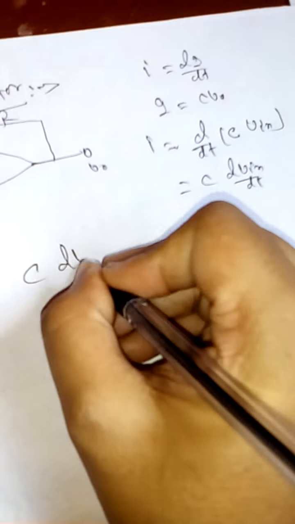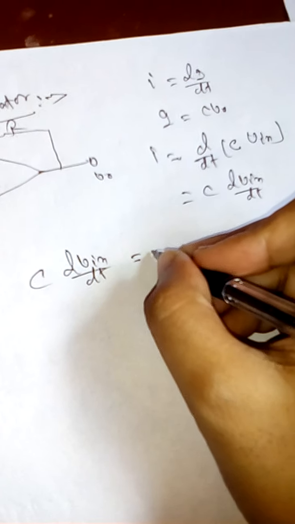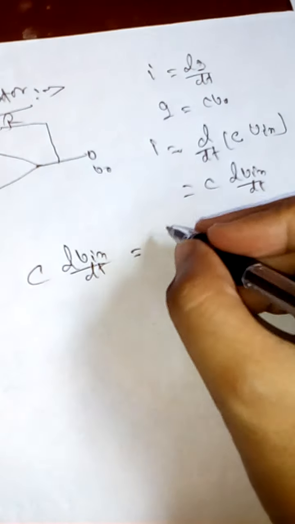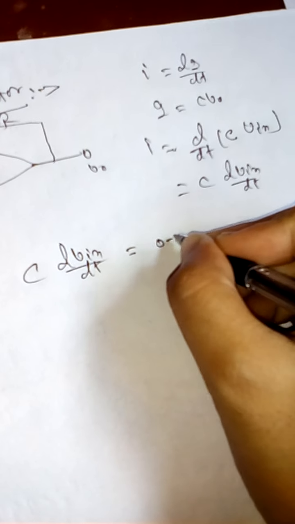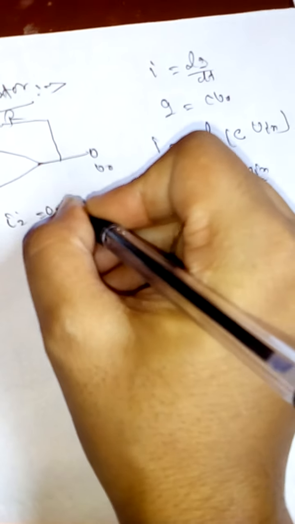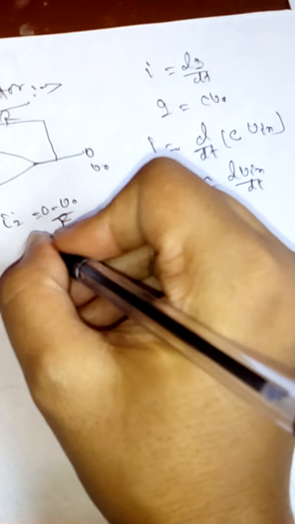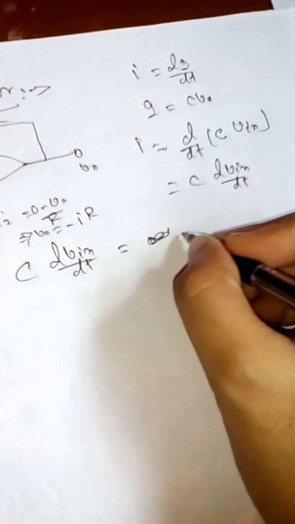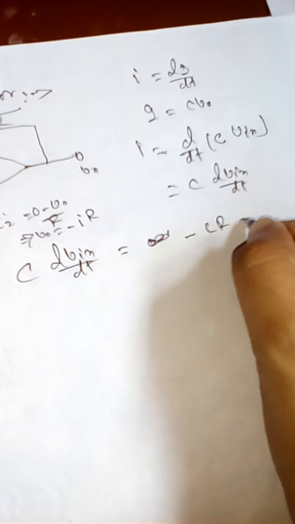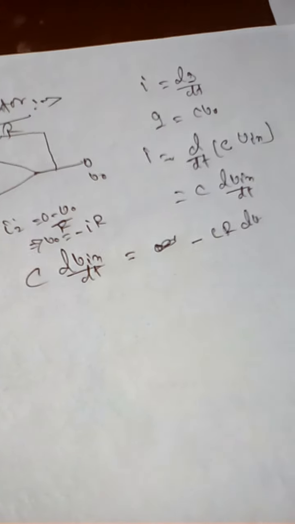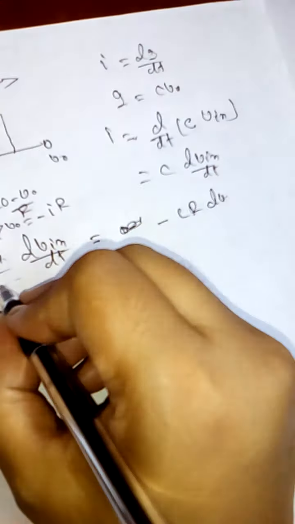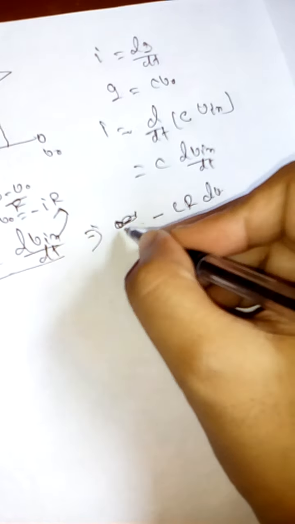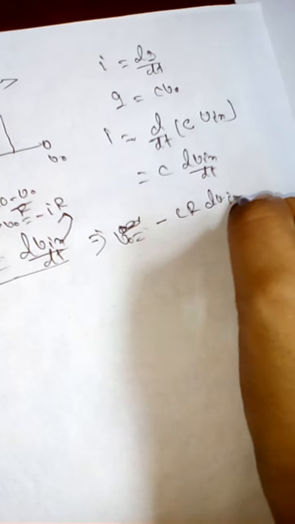Here the current entering I1 equals I2, so C dVin by dt equals the current I2, which is (0 minus V0) by R, so V0 equals minus I R. So substituting the value of I, we get V0 equal to minus R C dVin by dt.